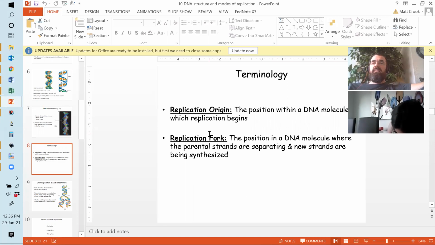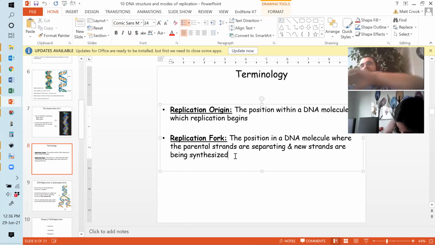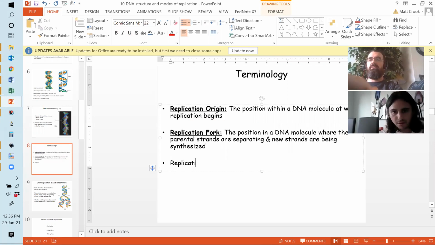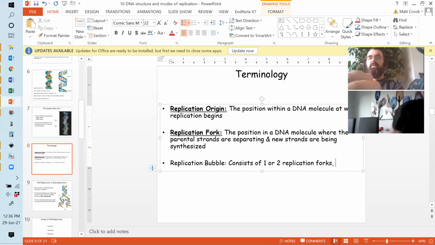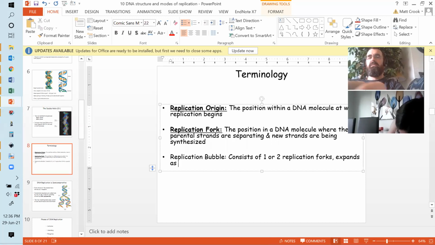And then just to add to that, I meant to do this last time. So that replication bubble basically consists of one or two replication forks, and expands as DNA replication proceeds.